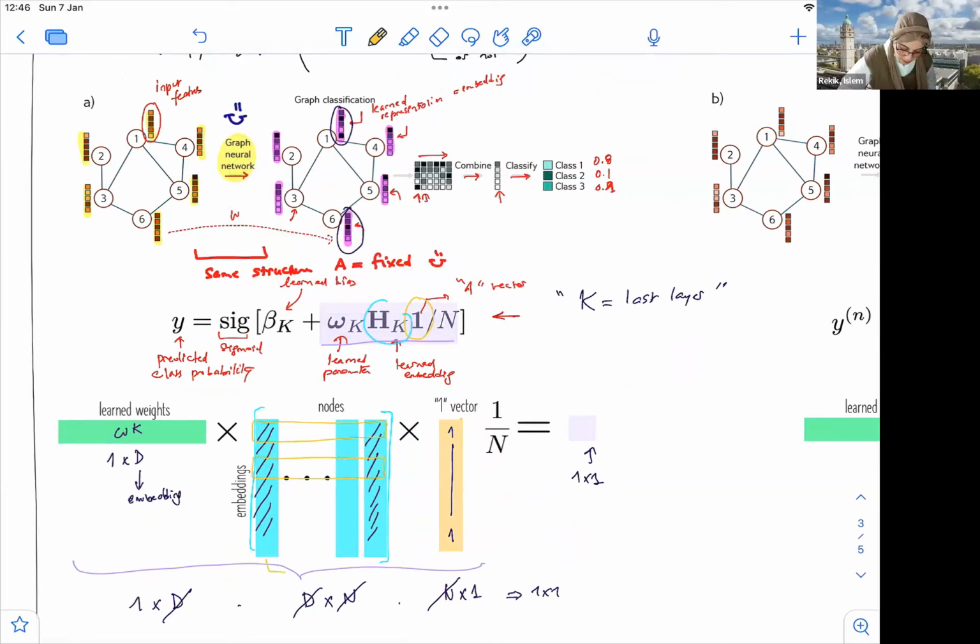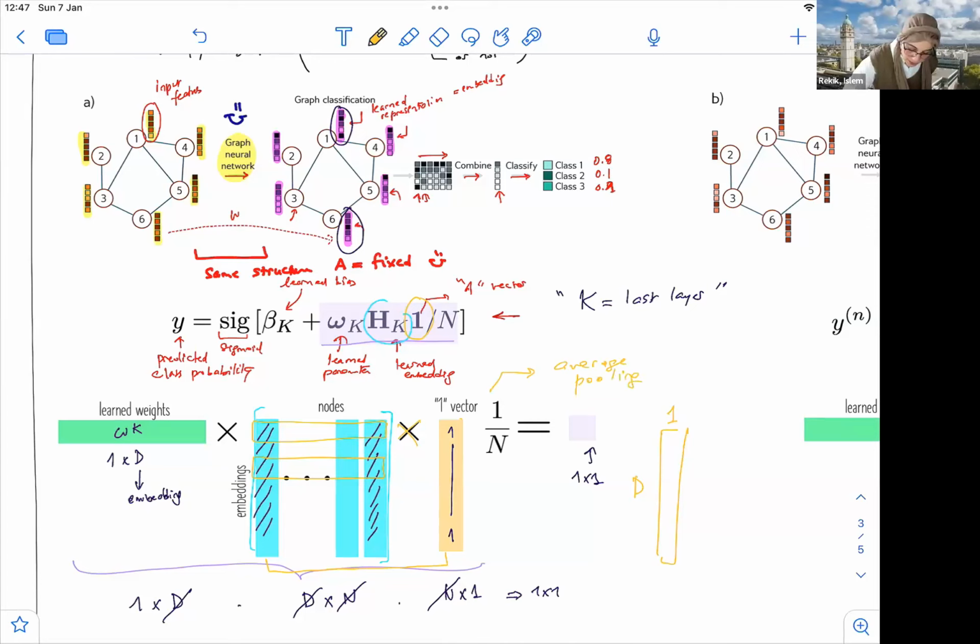After this multiplication, we're going to get a D by 1 vector that sums across nodes. It's a linear combination, like an average pooling. If you are familiar with deep learning, this is called average pooling.